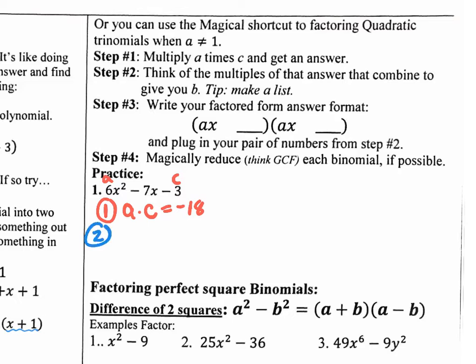Step 2, it says to think of the multiples of that answer of negative 18. Let's make a list. What times what is negative 18? Negative 1 times 18. Negative 2 times? Negative 3 times, negative 4 times, nothing. That's it. There's only 3 possible ways of multiplying numbers together to get that negative 18 besides changing signs. So which pair of numbers, when you combine, gives you a negative 7?